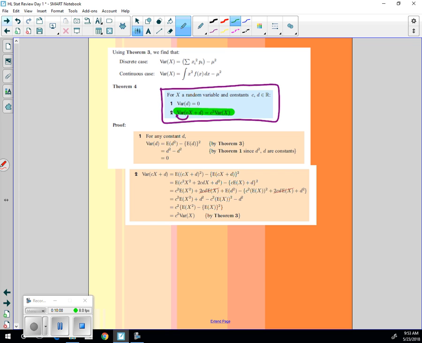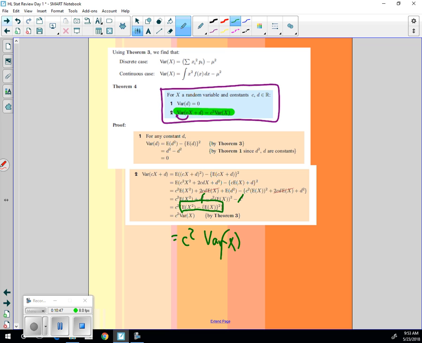The variance of cx plus d is E of (cx plus d) squared minus (E of cx plus d) quantity squared. All the algebra gets things to cancel out, and the d squareds will cancel. You'll get c squared E of x squared minus c squared E of x quantity squared, and pull out the c squared, you get c squared times E of x squared minus E of x quantity squared. That's just your variance.